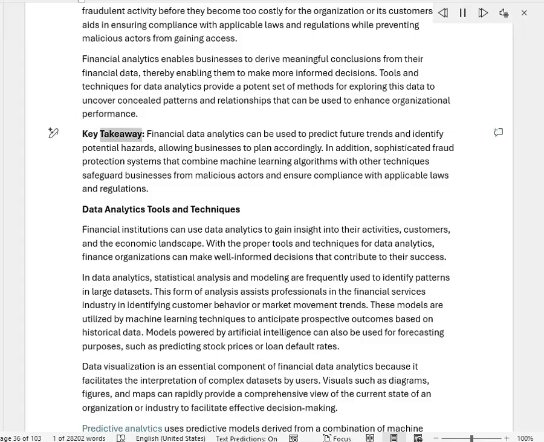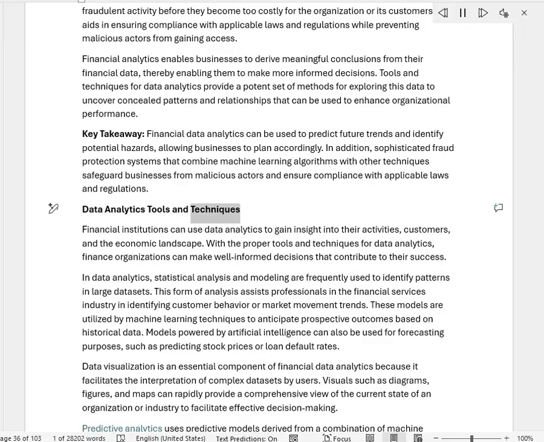Key takeaway: financial data analytics can be used to predict future trends and identify potential hazards, allowing businesses to plan accordingly. In addition, sophisticated fraud protection systems that combine machine learning algorithms with other techniques safeguard businesses from malicious actors and ensure compliance with applicable laws and regulations.